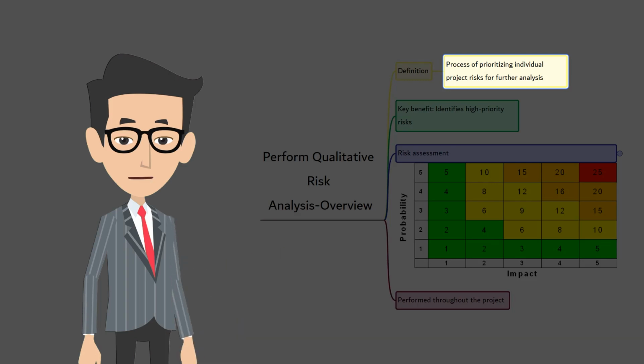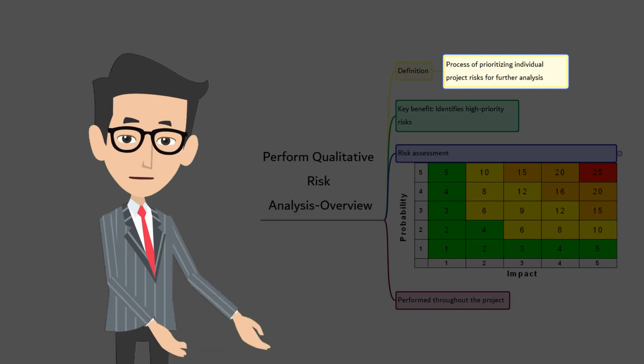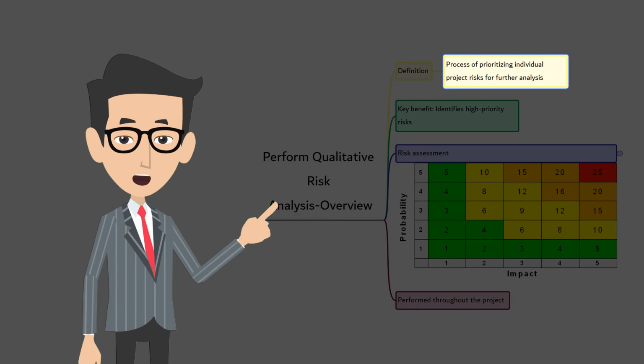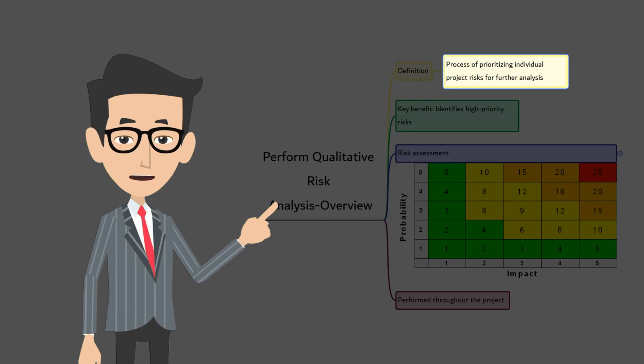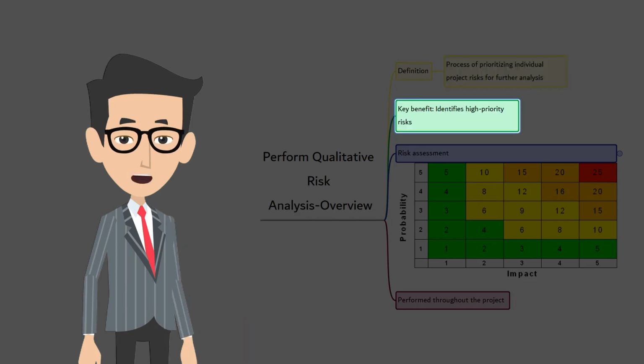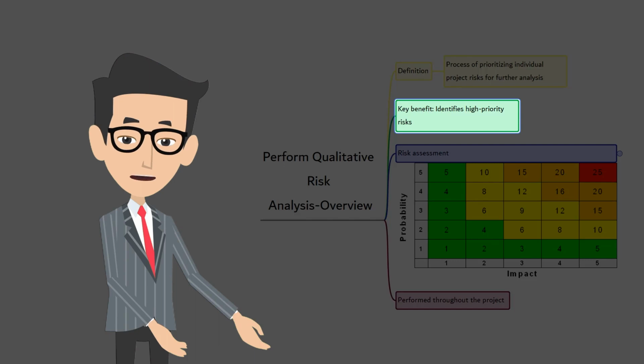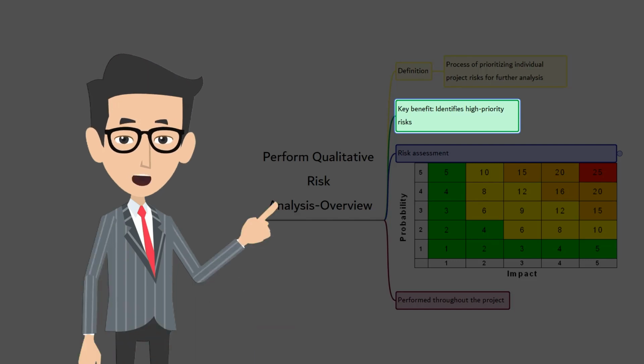The risks on this list may then be further analyzed in the perform quantitative risk analysis process, or they may move into the next process, plan risk response. Key benefits: at the end of this process, you will prioritize the risks that need high focus.